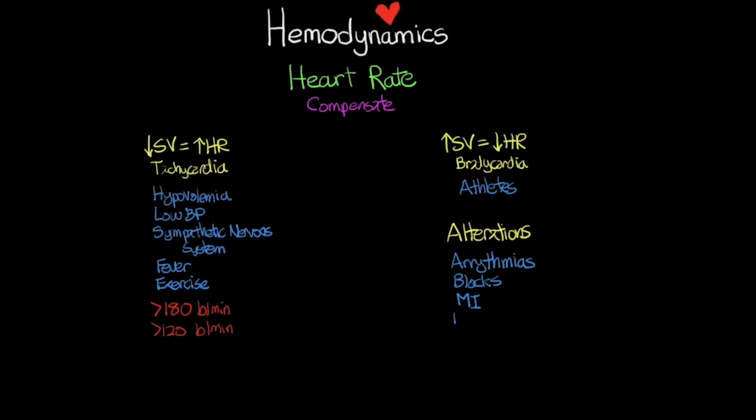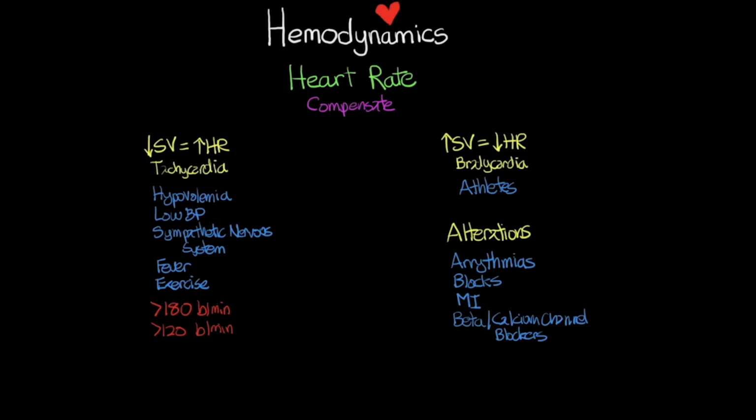And then finally, if our patients are on either beta or calcium channel blockers, these medications are all going to have an impact on our patient's heart rate, as well as their ability to compensate in situations where their heart rate may need to increase in order to make up for decreased stroke volume.